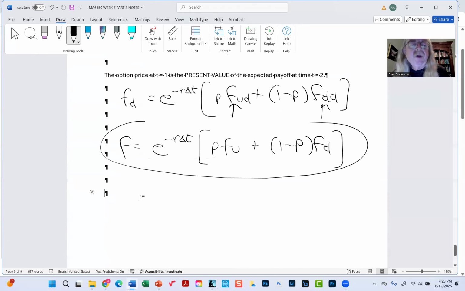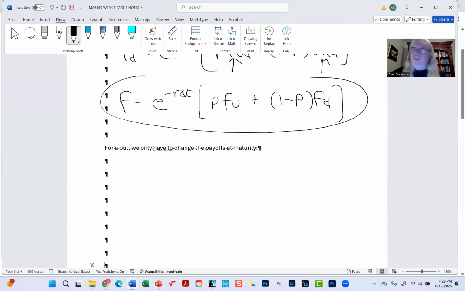And if F is a put, we only have to make one change.